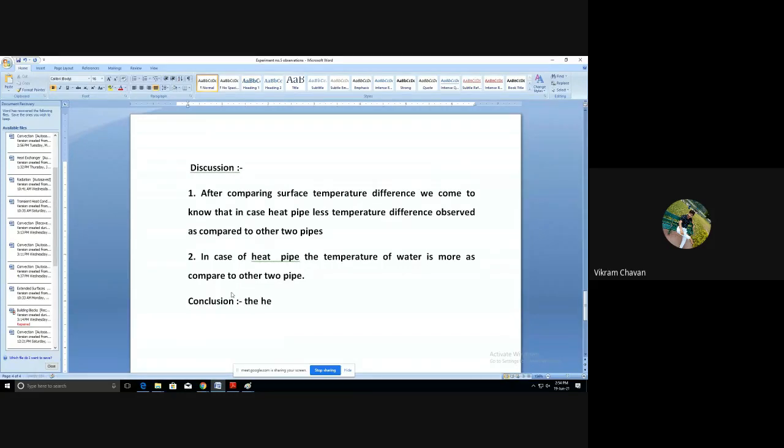The heat pipe is more efficient to transfer maximum heat from source location to sink location.